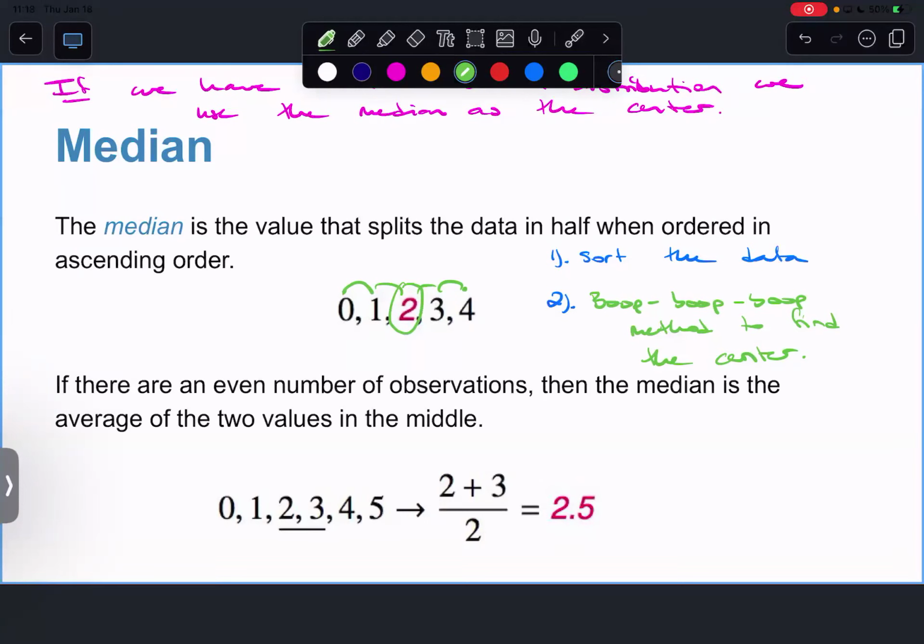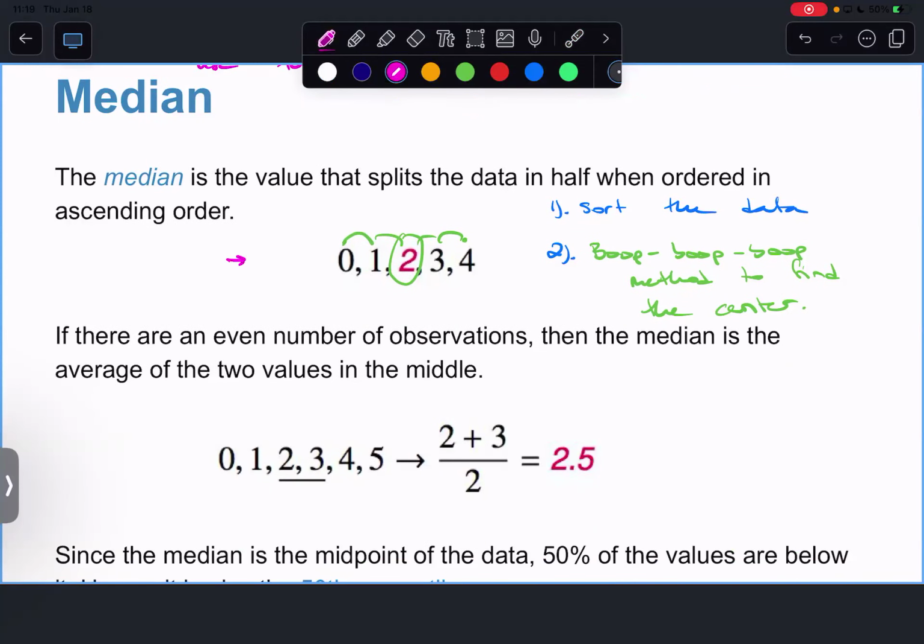Now there are 2 scenarios. In the first scenario here in this tiny data set, we landed on a value. So this value of 2 is the median.